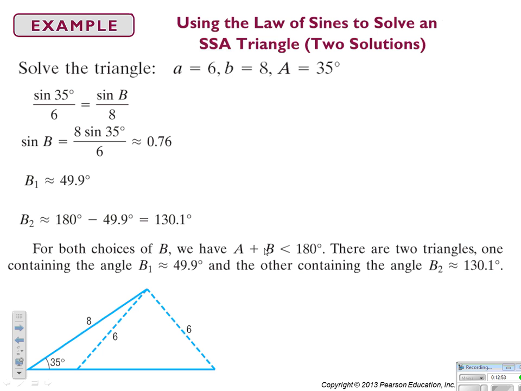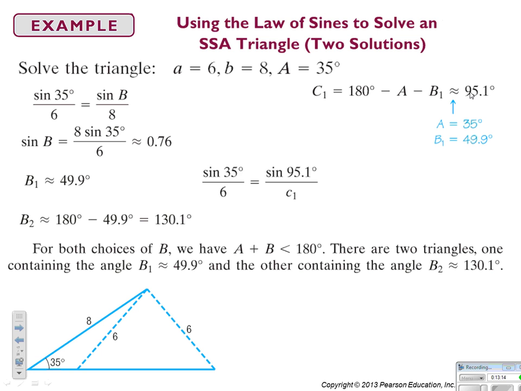So A plus B in both scenarios is less than 180, so we can't discount that second angle. In the first scenario, when B is 49.9, our third angle is 95.1. Then we solve it using that first angle.